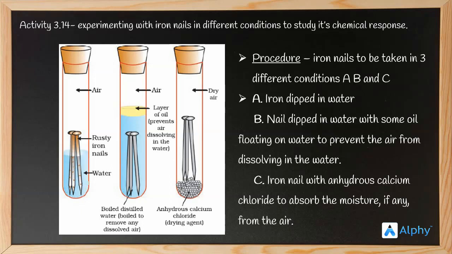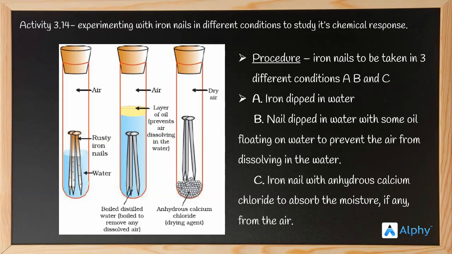In the second condition, the nails are exposed to water and not air. Why? Because water and oil are immiscible. Immiscible means they don't dissolve in each other. So the oil on top makes a layer between the water and air, and the nail is there only in water.